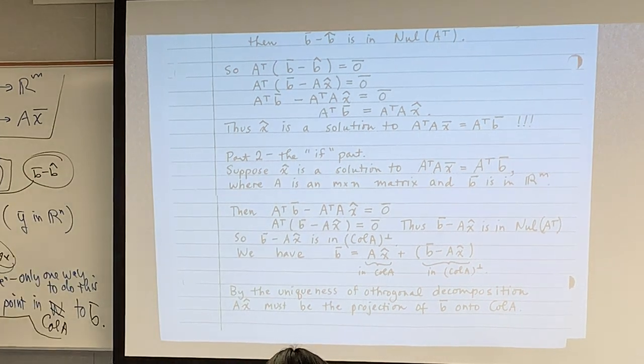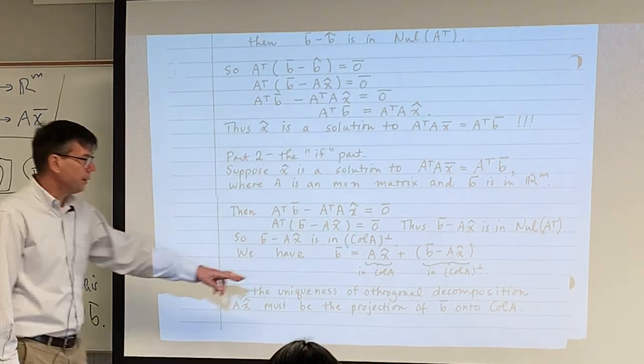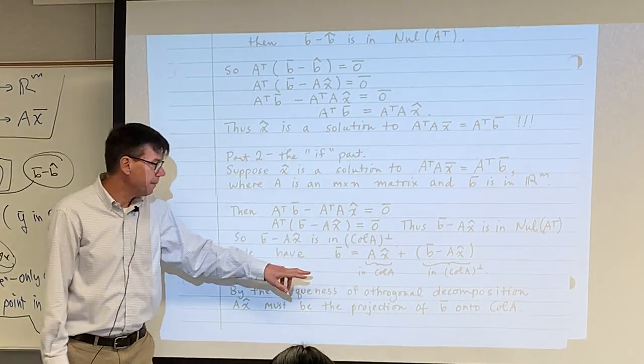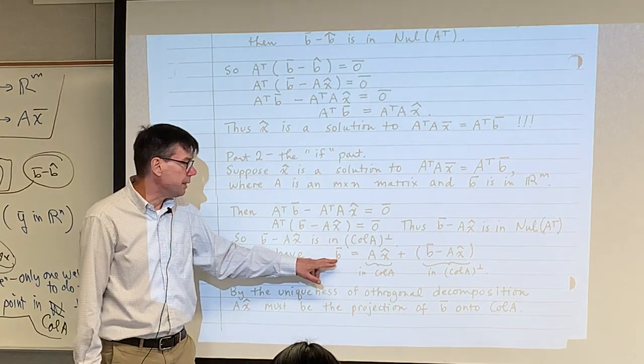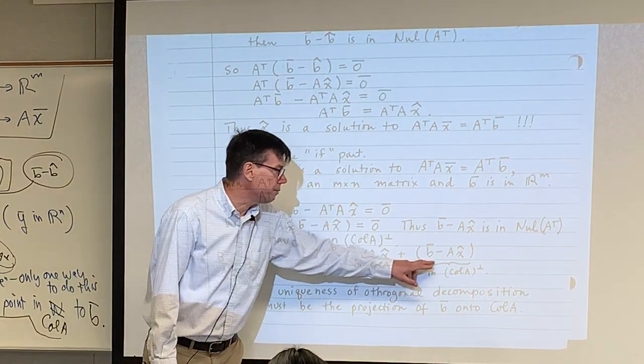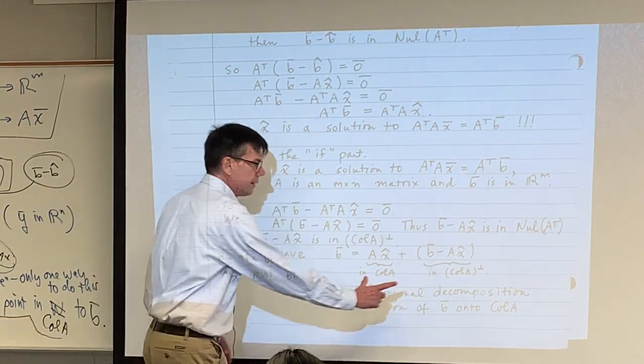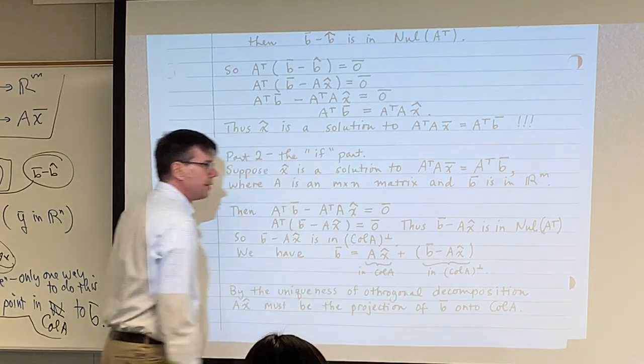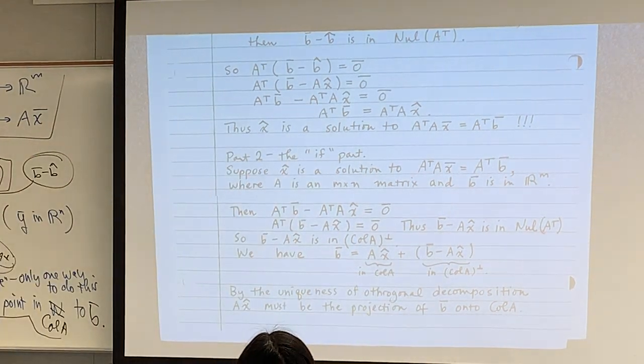that means B minus A X hat must be in the perpendicular complement of the column space of A. So we know that B is equal to AX hat plus B minus AX hat because that just works out, right? If you combine like terms.